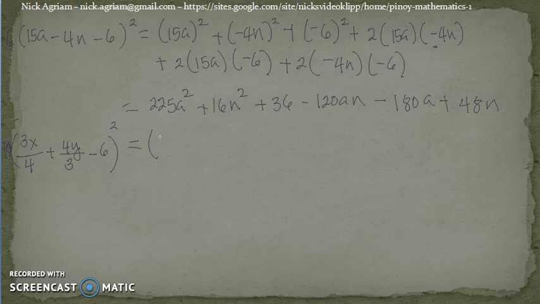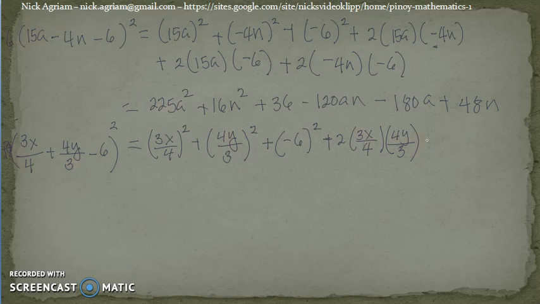We have the square of the first term, (3x divided by 4) squared, plus the square of the second term, (4y divided by 3) squared, and then plus the square of the last term, negative 6 squared, plus 2 times the first term, 3x divided by 4, multiplied by the second term, 4y divided by 3, plus 2 times the first term, 3x divided by 4, times the last term, that is negative 6.